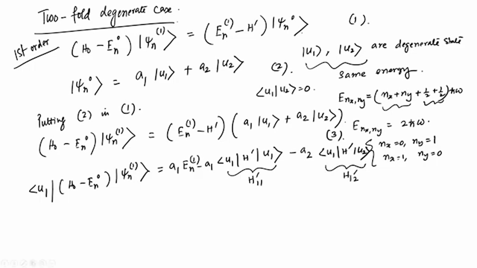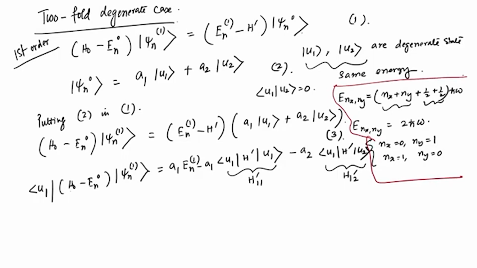Okay. And we will do the same thing for u2, but look at this, that H0 will act on this U1 and give me En0, which is its eigenstate. So, let me write it here. This is just an example, so let me put a red line to mark that this is just an example that we have given.